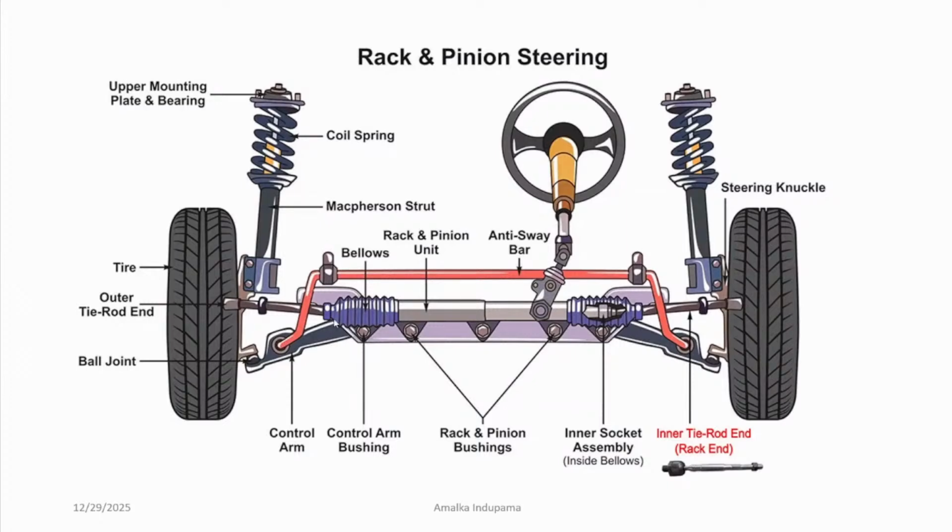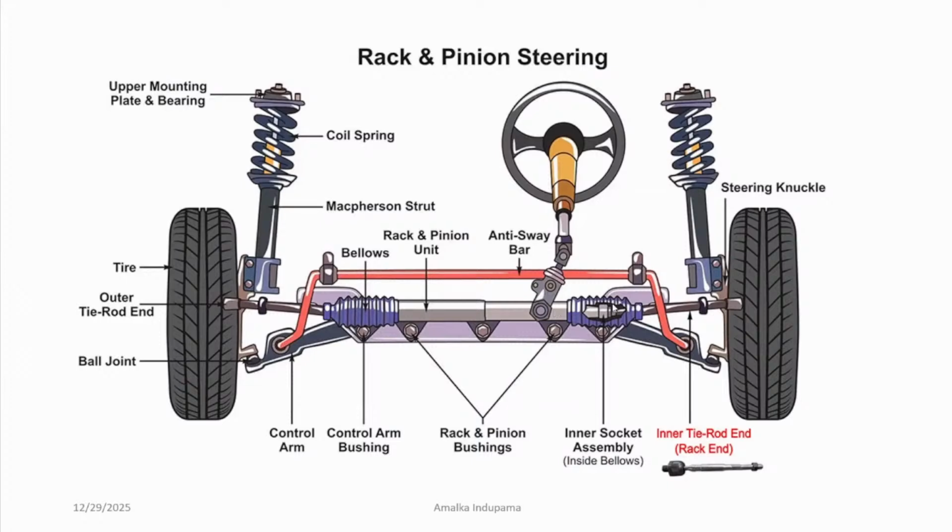And the outer tie rod. And these junctions, these couplings, are covered with a rubber bellow, because these gears may be damaged if dirt, dust and water ingress into the system, right?